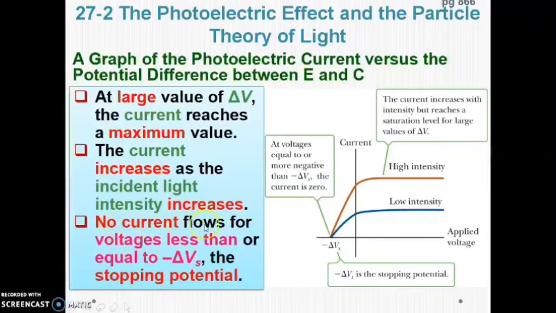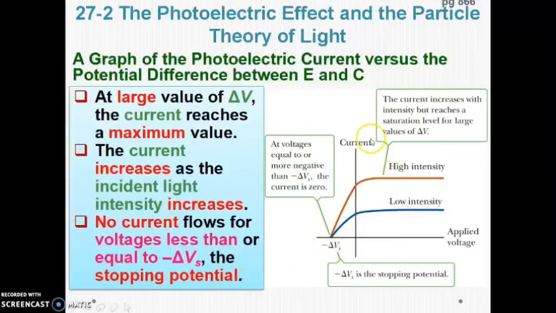No current flows for voltages less than or equal to negative delta Vs, the stopping potential. Here delta V is the potential difference, and delta Vs is the stopping potential.